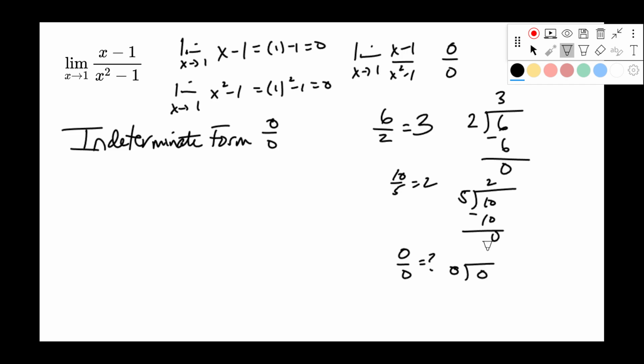Well, there's a problem with this, because 0 times 0 is 0, which would be okay if it wasn't true that 0 times 1 is 0, 0 times 2 is 0, 0 times 3 is 0, 0 times 4 is 0. So the question is, what number do I put up here? I can't determine it, right? I can't determine it. It says 0 over 0. Okay? So, hence, indeterminate form.